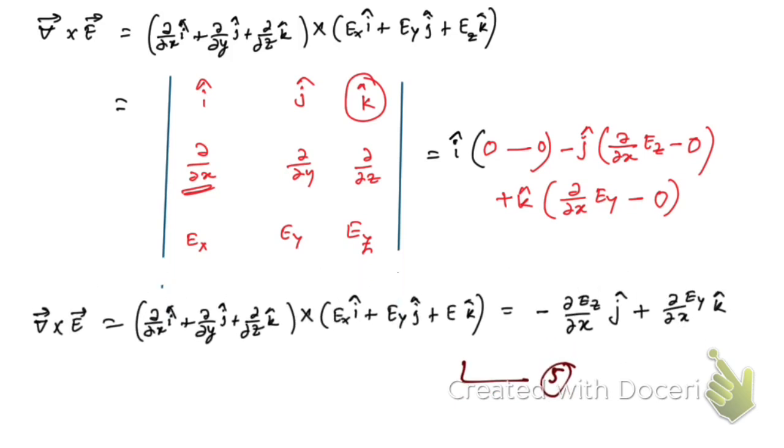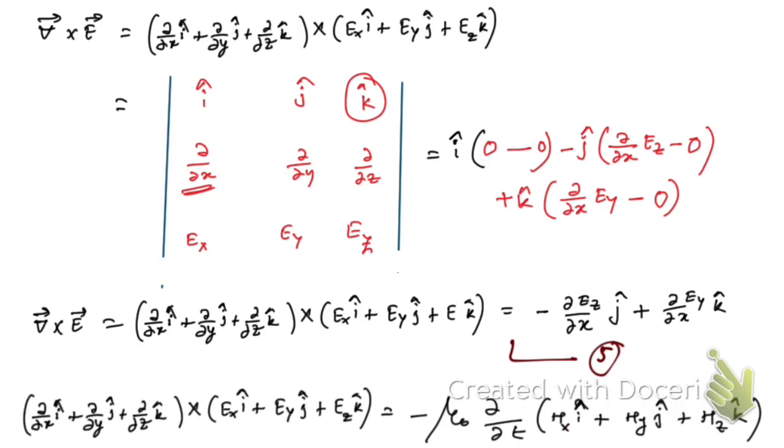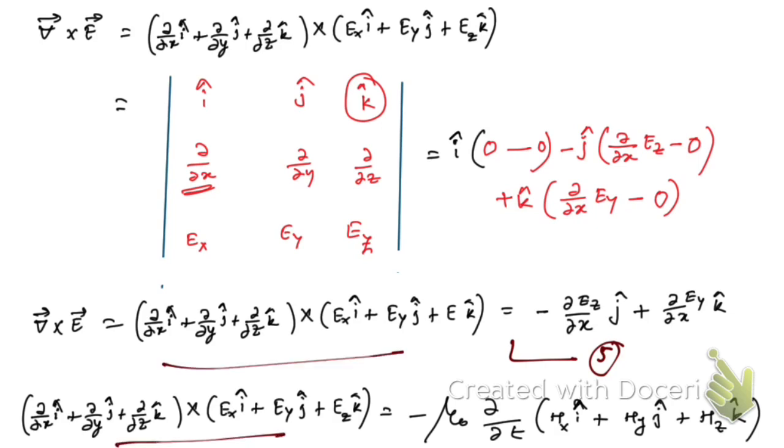Okay. Now you see equation number 4 is this one. So if you compare this, this is the left hand side. On the right hand side, here we have no I cap, so that's going to be 0. So compare this one and this one.